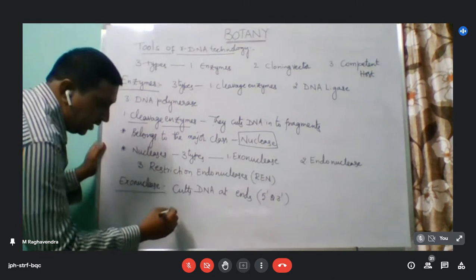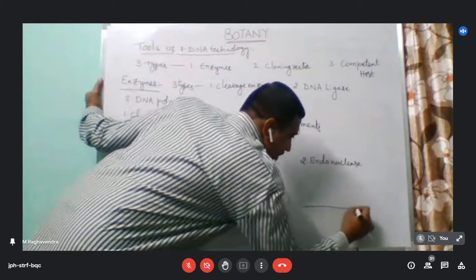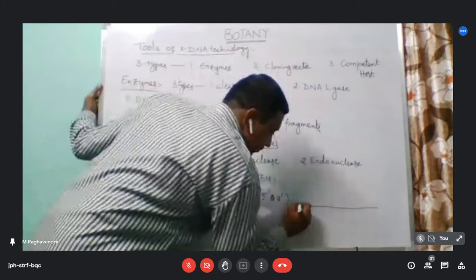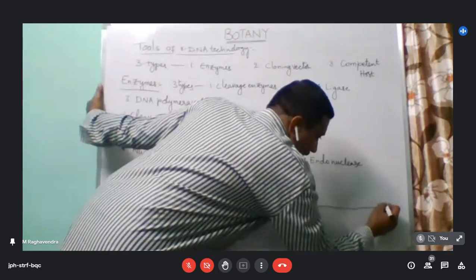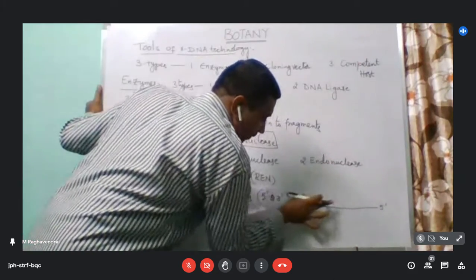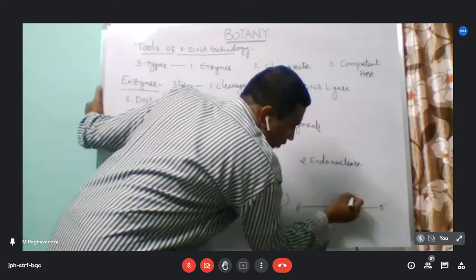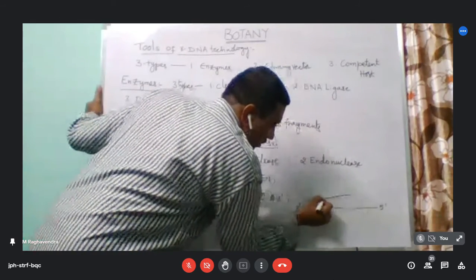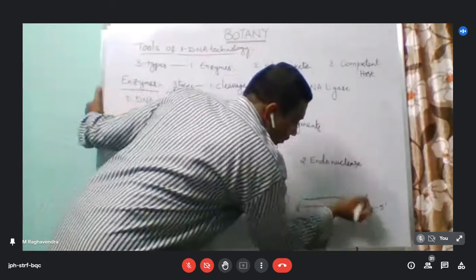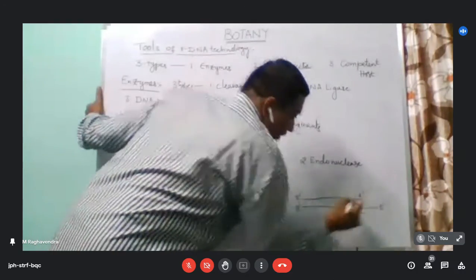Here I can draw a simple DNA molecule. It's a strand of DNA, imagine it's 3 prime, 5 prime, and this one is the complementary strand, 5 prime, 3 prime.